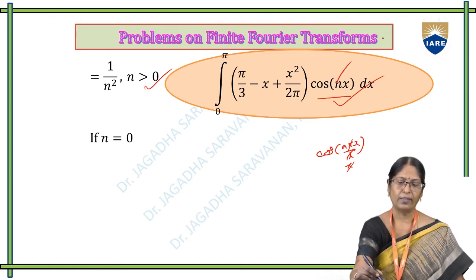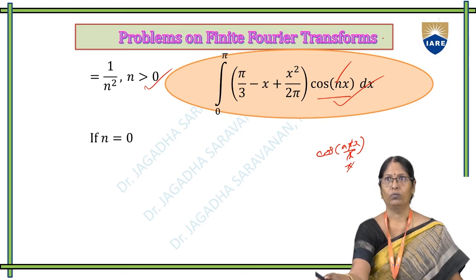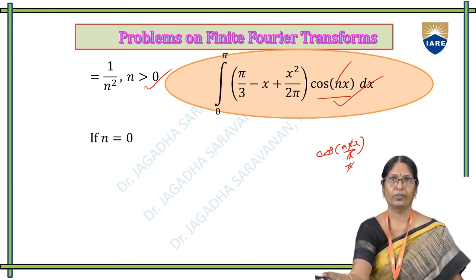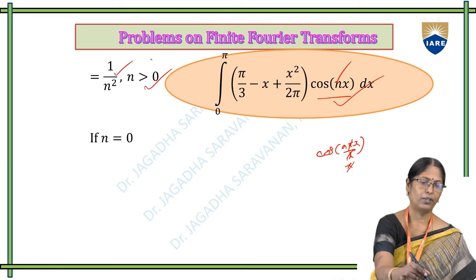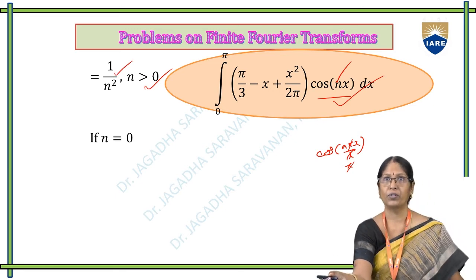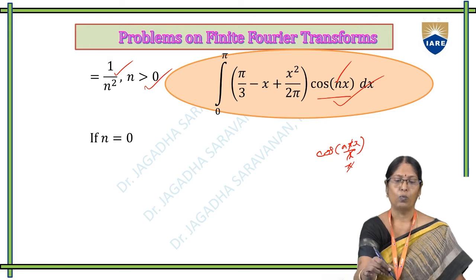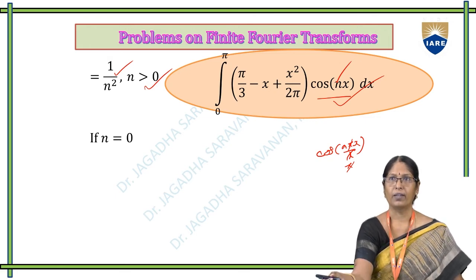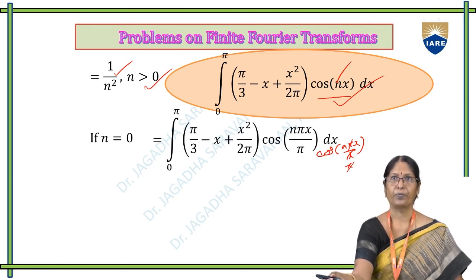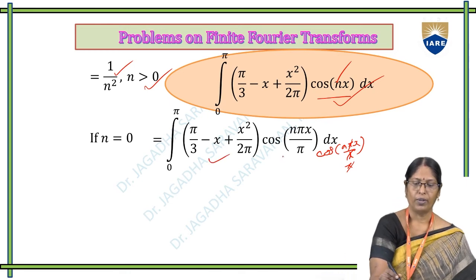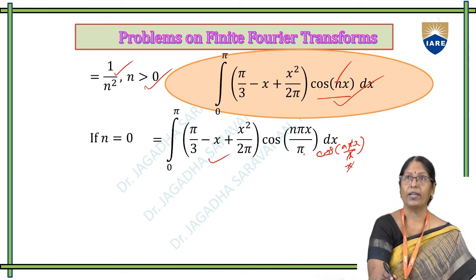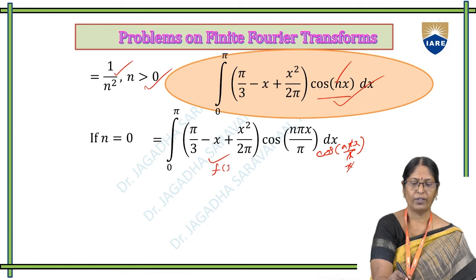Suppose n is 0, what are the changes? Because we said n is greater than 0. If n is equal to 0, what changes will there be in the given function? So we have cos n pi x by L. This is the f of x.